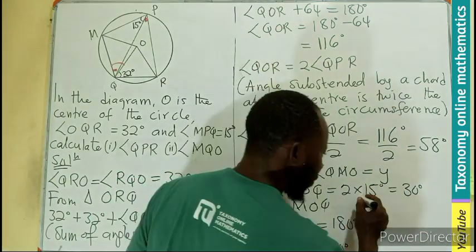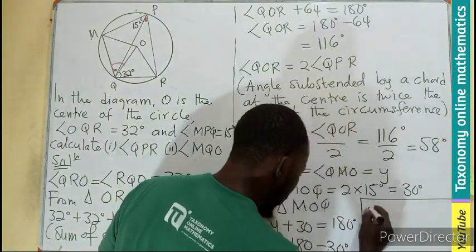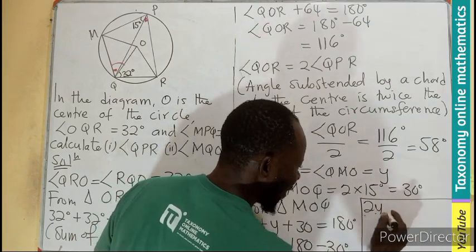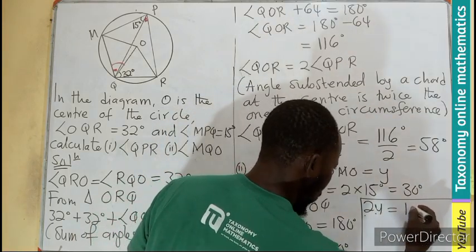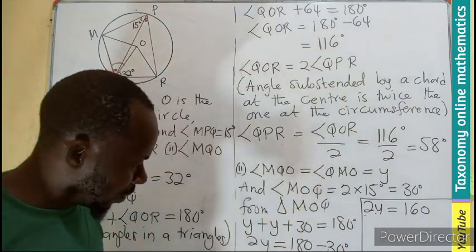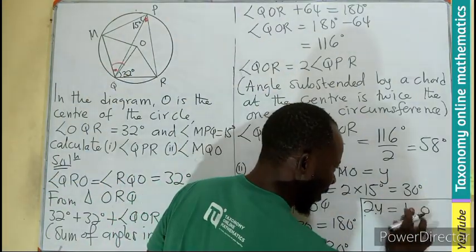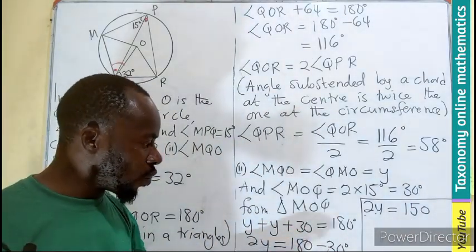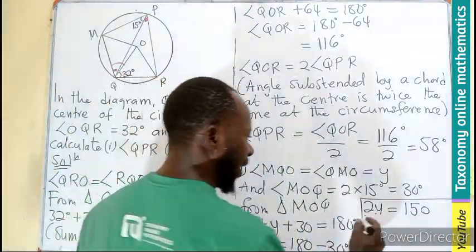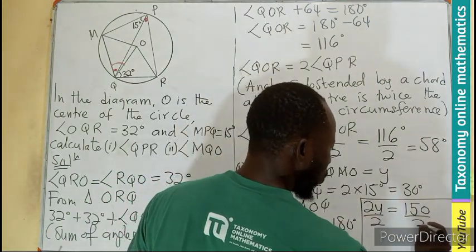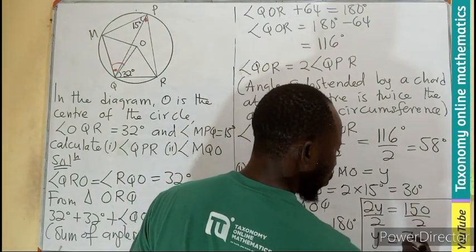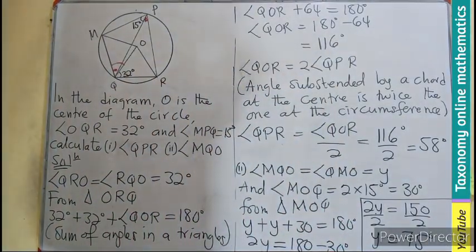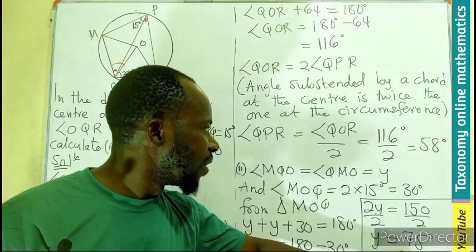So 2y equals 160, right? No, 150. If you take away 30 from 180, you get 150. Now let's divide by 2, and y equals 75 degrees. Meaning the value of y is 75.